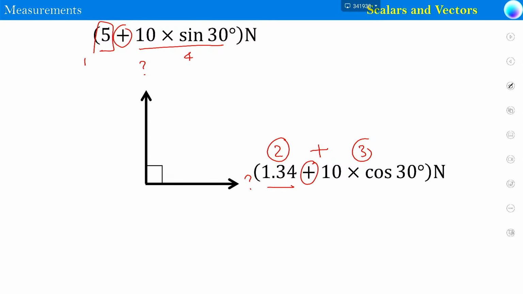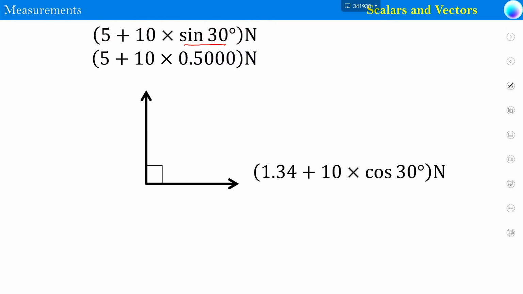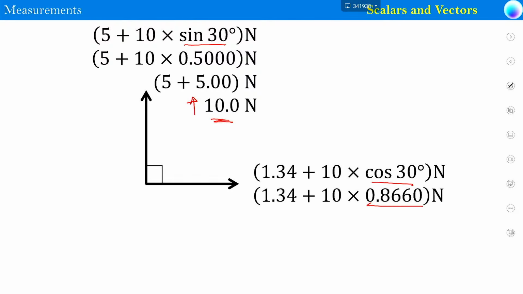And the fifth and the fourth are in the same direction, we add them. Right? So that's our plan. So sin 30 is 0.5 and we get the final answer as 10 Newton in the upward direction. And cos 30 is 0.866, you multiply and add them together and you get 10 Newton again, in the horizontal direction.